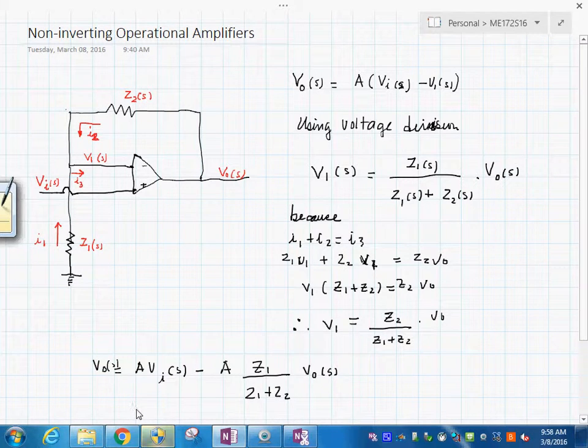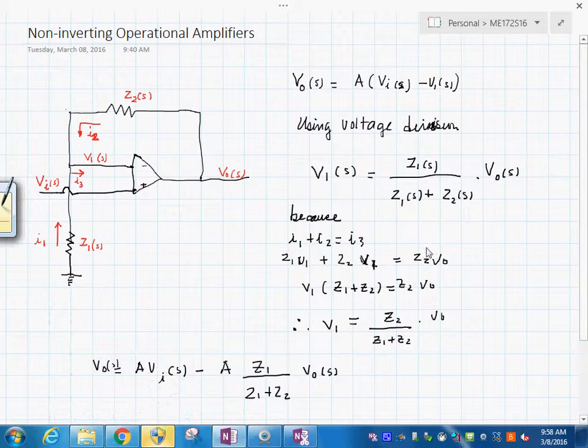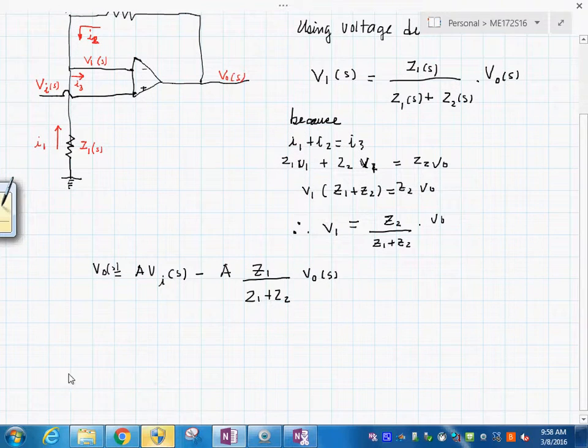So if we keep developing this equation to obtain V output over V sub I, this is what we want.